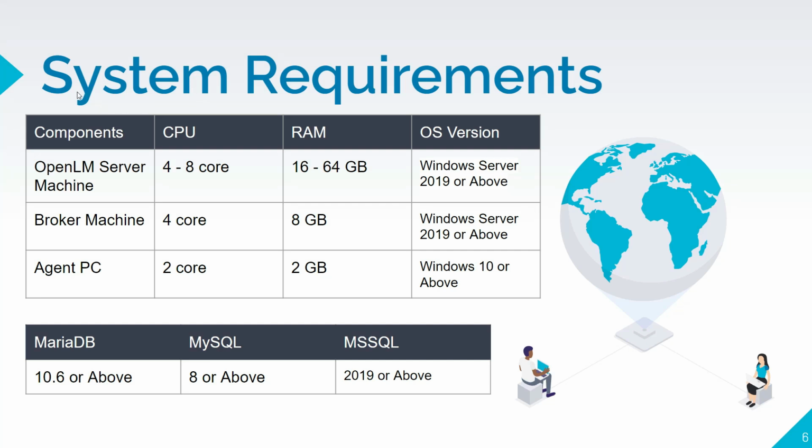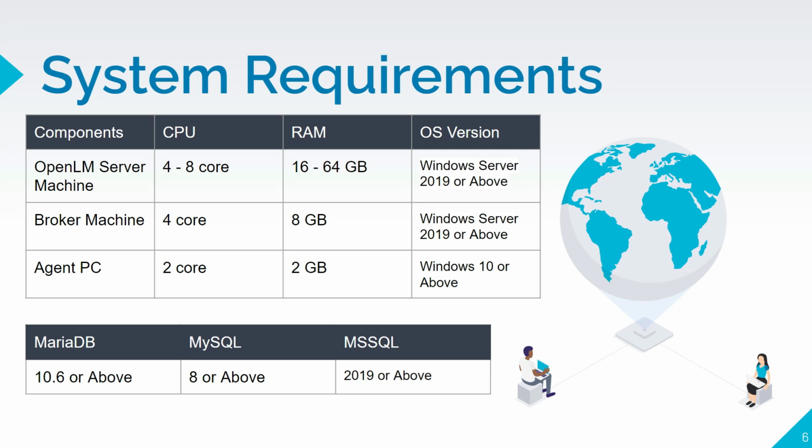And then I would like to talk about the system requirements briefly. For the OpenLM server machine, as I told you, you can install most of the components on the OpenLM server machine, but you can separate each component onto its own machine if you would like to reduce the load.